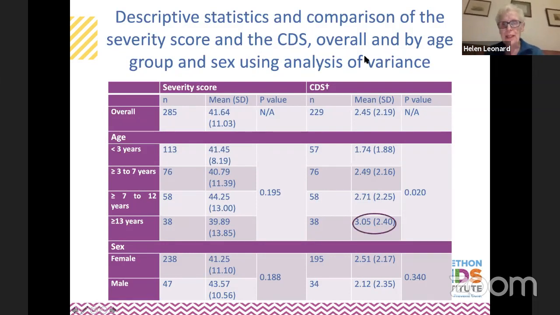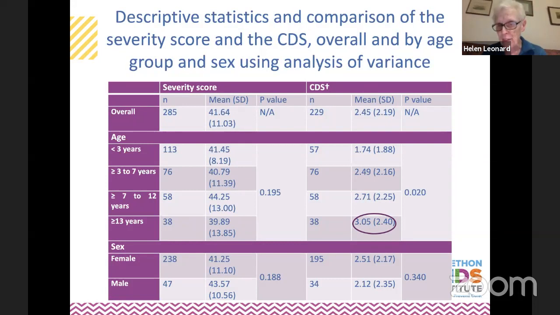So if you look, this is the CDS score, and it's looking at it by age group. And you can see that the CDS score, the development score, is highest in those who are 13 and over. And this is quite gratifying, really, because at least we know it's higher than it is for the 7 to 12.